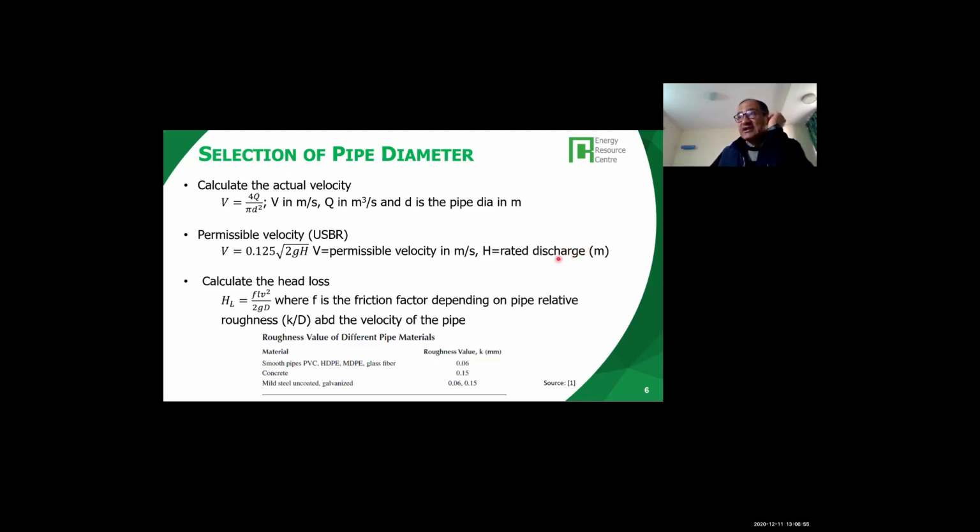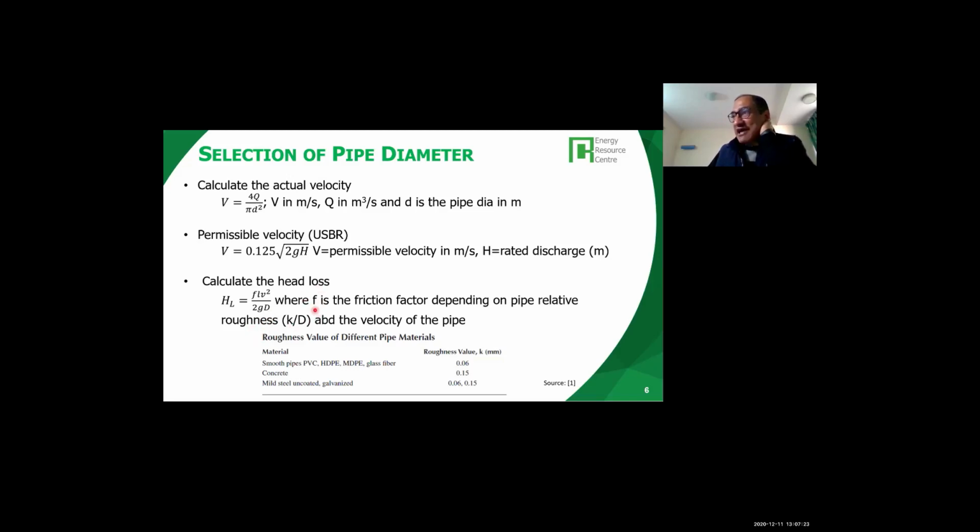And to calculate the head loss, there is an equation called the Darcy-Weisbach equation, which is head loss equals f L V squared over 2gD, where f is the friction factor, L is the length of the penstock, V is the velocity, 2g is twice the acceleration due to gravity, and D is the diameter.